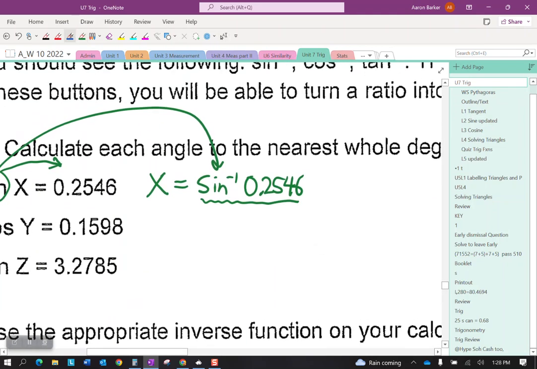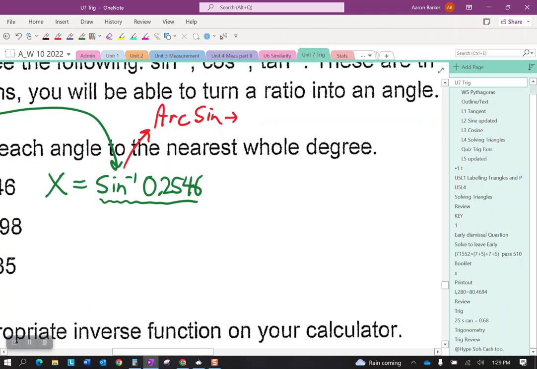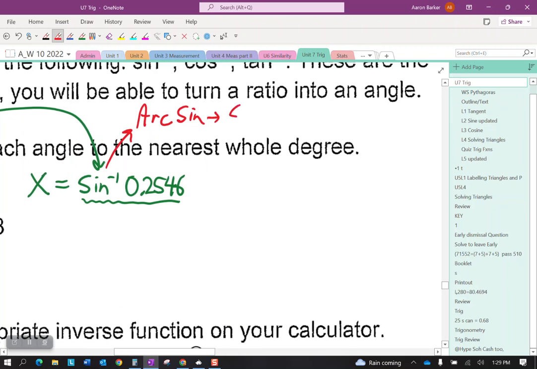The true way of saying this is arc sine. That's the math proper way to say it. However, because of calculators, you guys developed a new language, and we started calling it sine -1, and you started calling it inverse sine.